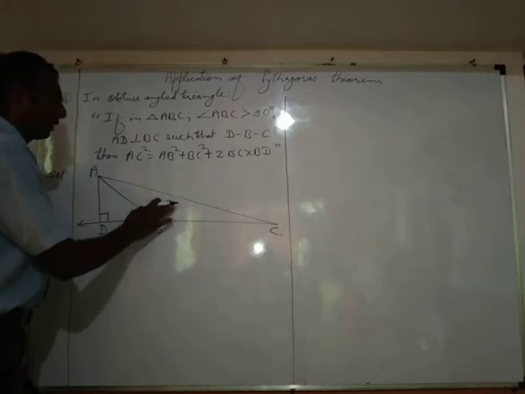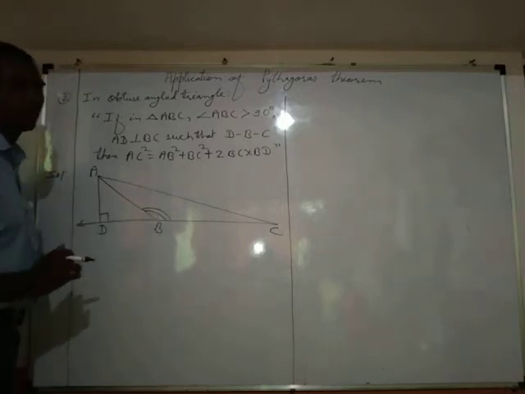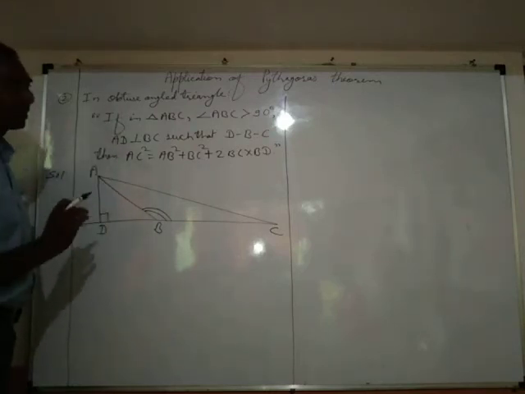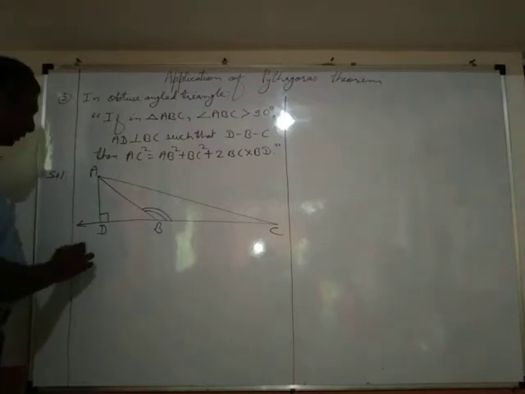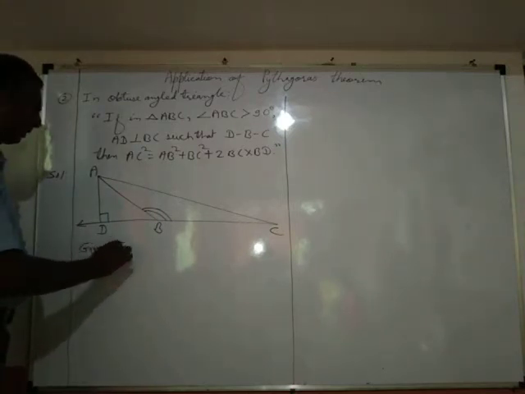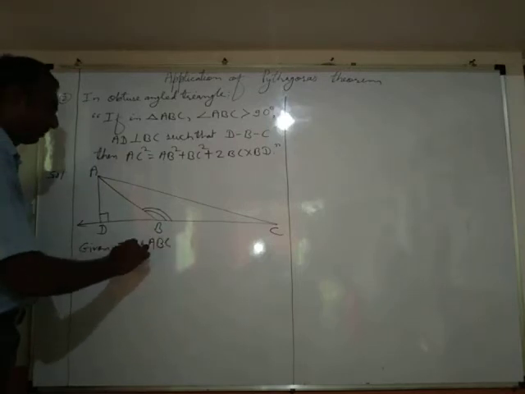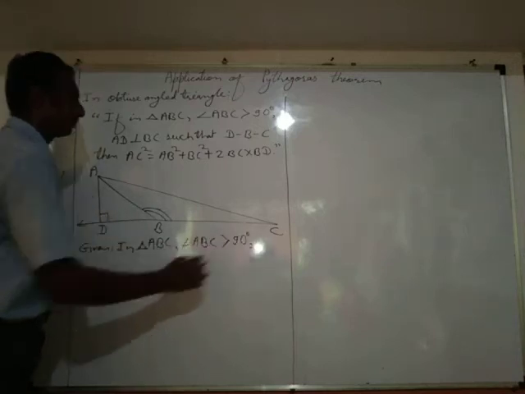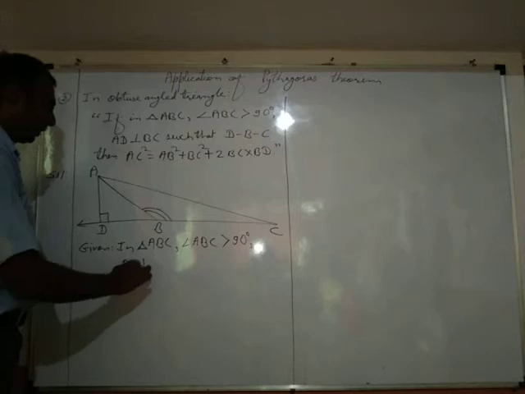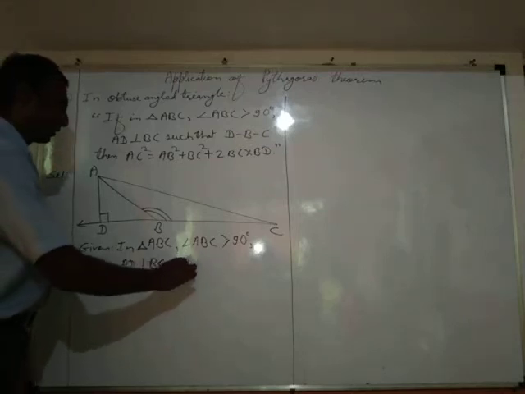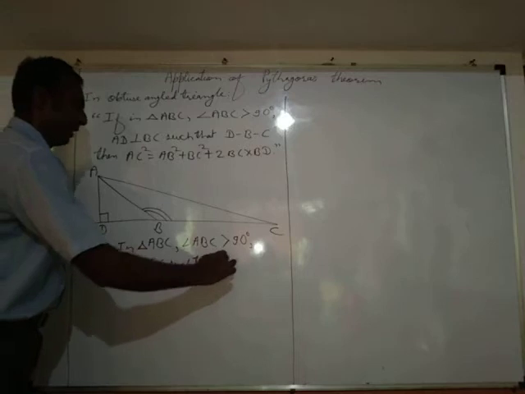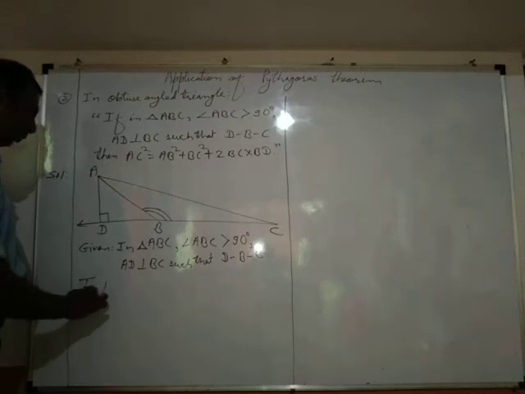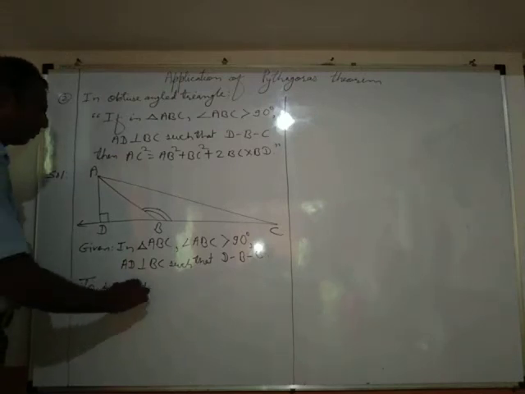Okay, now let's split the given information into given and to prove. Antecedent part is given, consequent part is to prove. That's why given: in a triangle ABC, angle ABC is greater than 90 degrees, AD perpendicular BC such that D dash B dash C. Then to prove, what to prove?